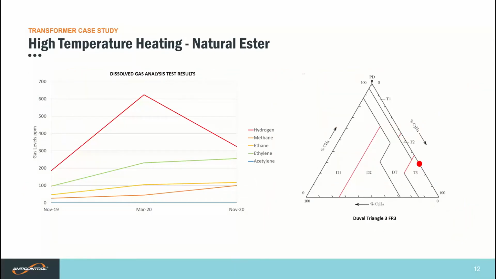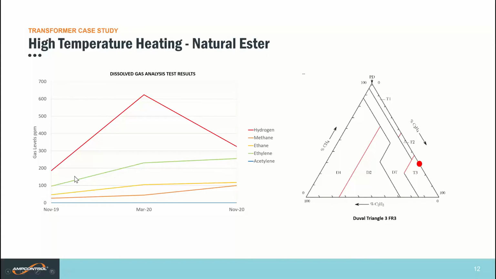So we're asked the question, can we test transformers that are not filled with mineral oil? This is some data from a high temperature heating case study. It's a different transformer and the asset is filled with a natural ester. The DGA results are listed here on the left, and they indicate a problem is occurring.